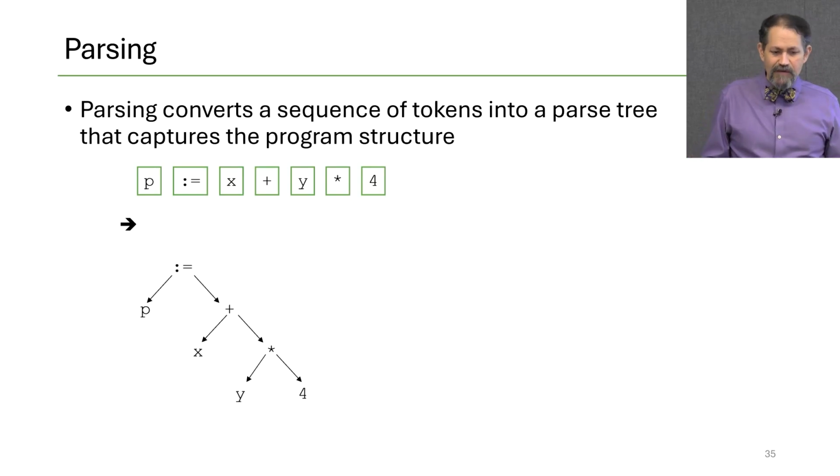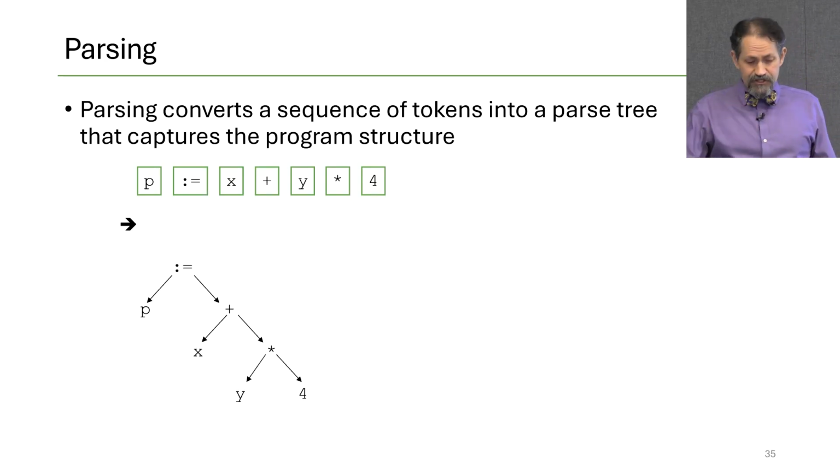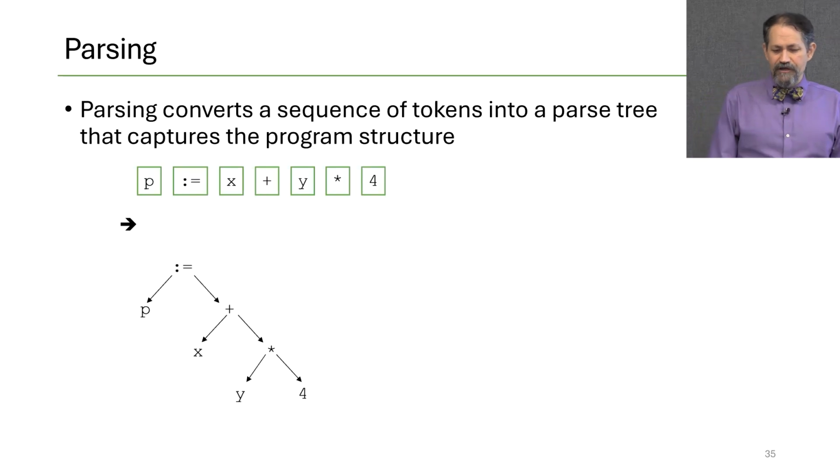On the left-hand side of the assignment is p. On the right-hand side is an expression, which is an addition expression. So on the right-hand side of colon equals, we have plus. We are adding x, which is on the left-hand side of the plus, to a multiplication expression on the right-hand side, which multiplies y and 4. And so we have this tree structure that describes the shape of that computation. That's really what goes on in parsing.